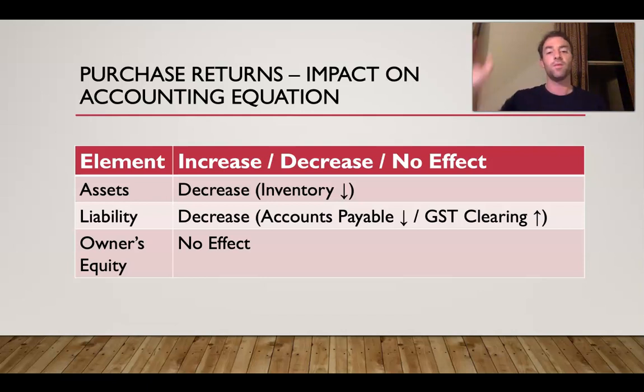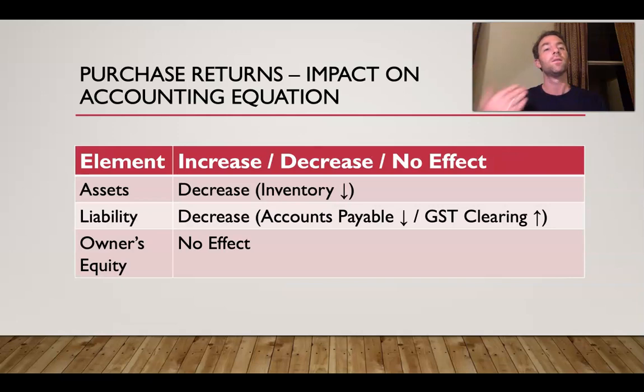Our accounts payable goes down and our GST goes up, but the decrease is the same as our assets because our owner's equity is not impacted, and we know our assets must equal our liabilities plus owner's equity. It makes sense that our business is not worth more or less in this because we're just returning something and fixing up a mistake.